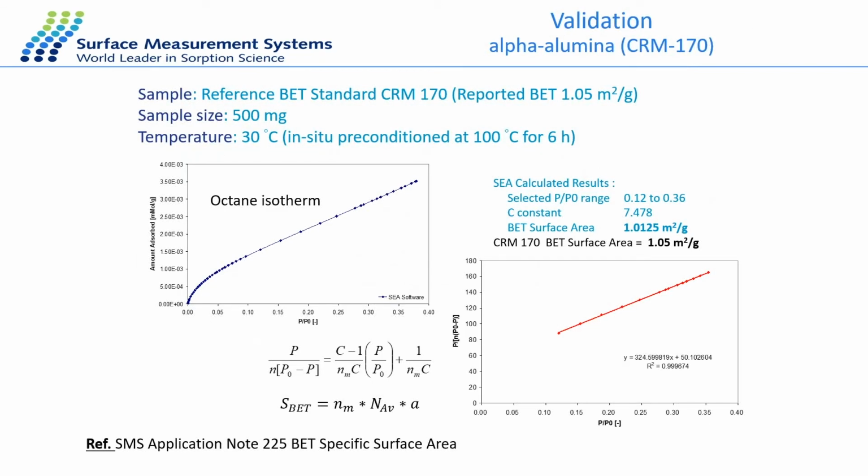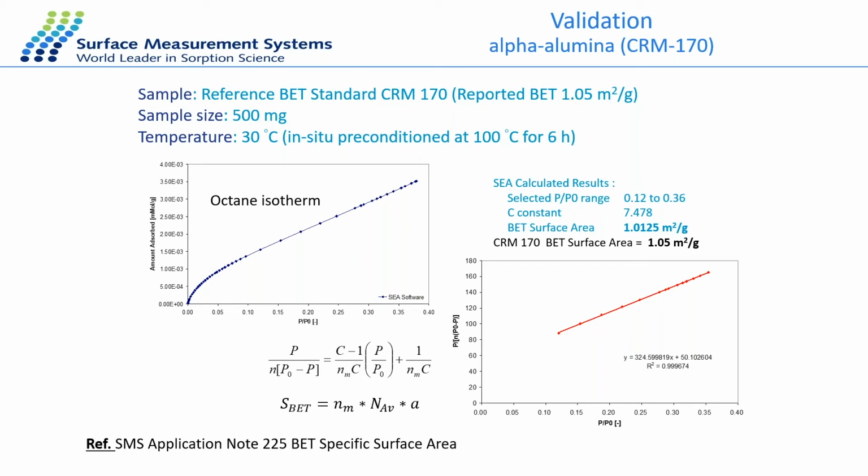We perform the validation of our IGC instrument using standard reference materials like this alpha alumina sample 170, which has a reported BET surface area value of 1.05 meters squared per gram. During the measurements, we used a 500 milligram sample. The octane isotherm was determined at 30 Celsius.